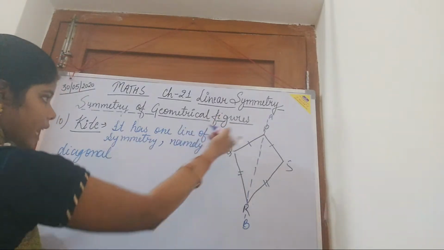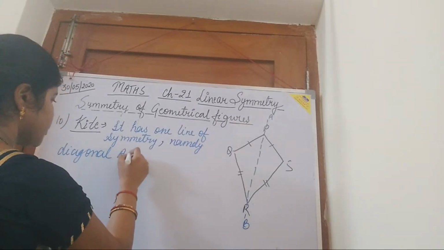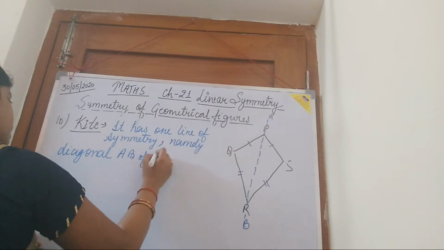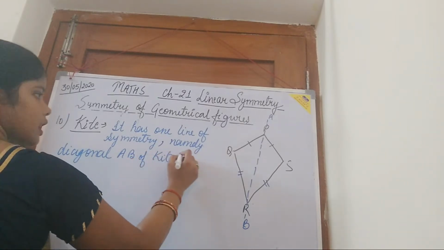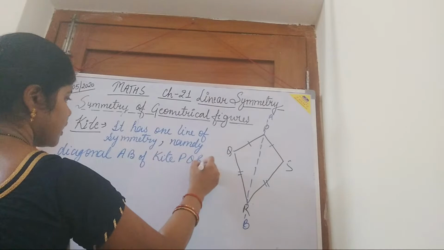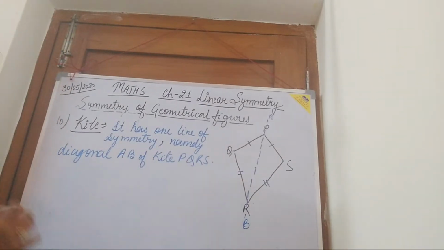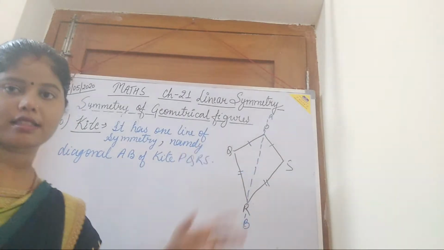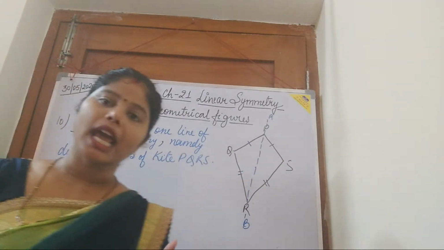Namely, this one diagonal AB of kite PQRS. So it has one line of symmetry, namely diagonal AB of kite PQRS. So a kite has one line of symmetry.